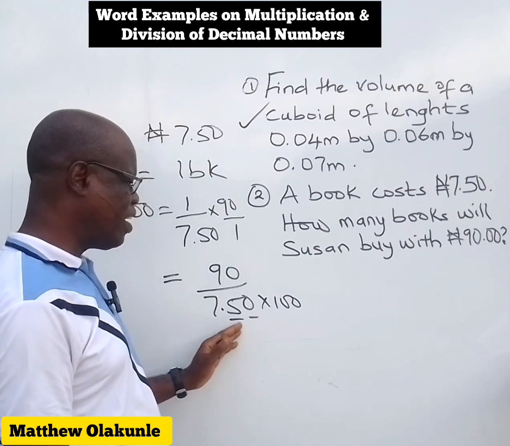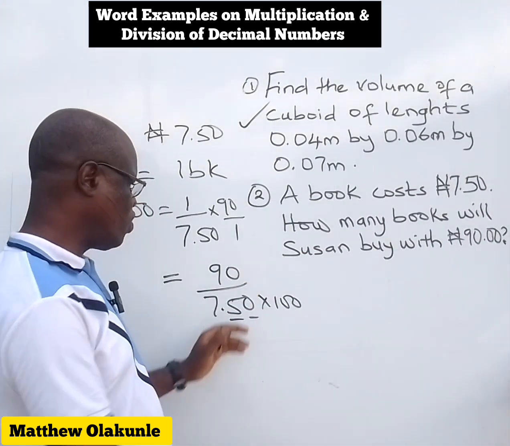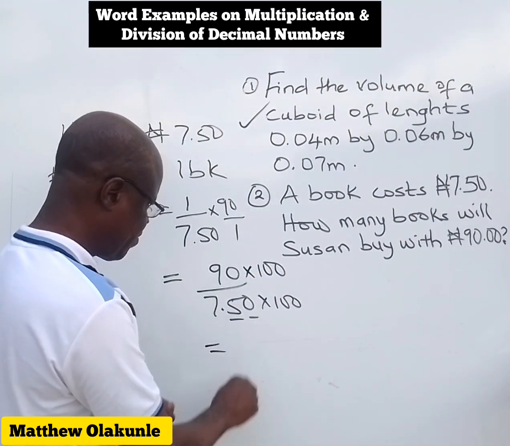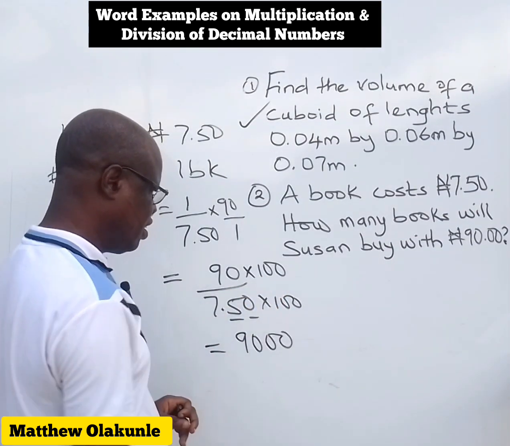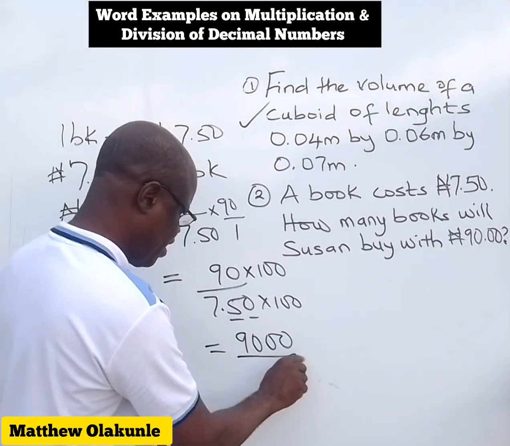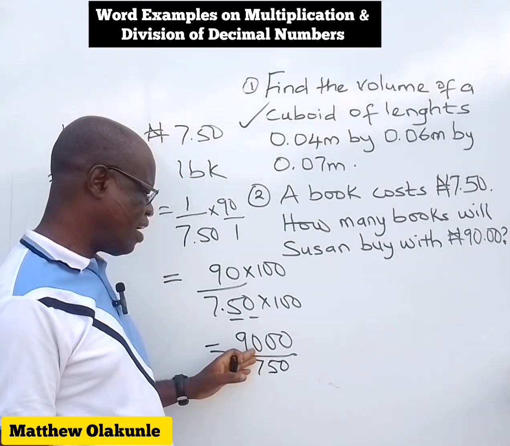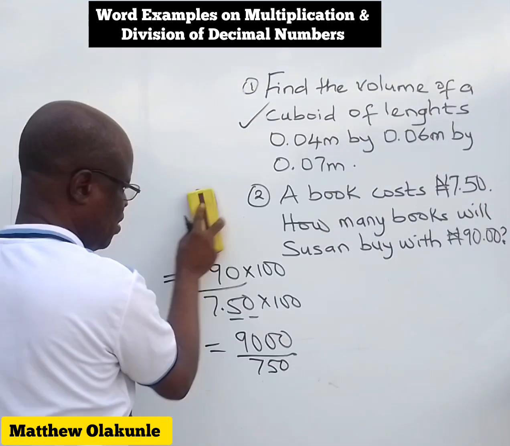So once you multiply it by 100, you get 750. Anything you do down here for the denominator, you do it for the numerator. So you multiply this also by 100. So 90 multiplied by 100 is 9,000. Then divided by 750. So that is what we want to do now.